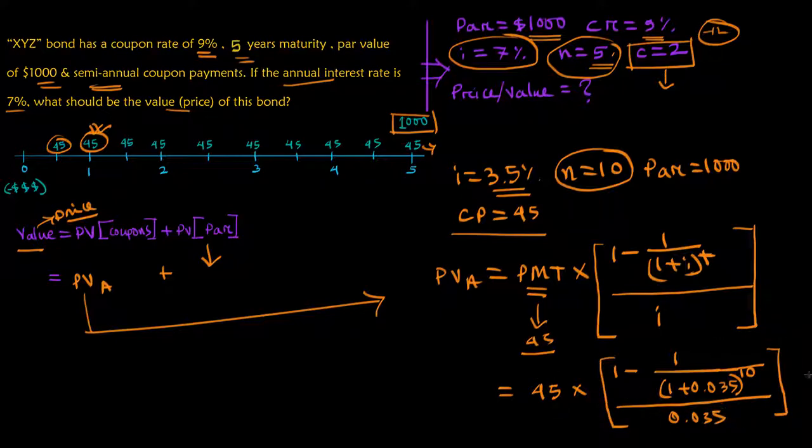Now if you solve this equation, the result you'll get is 374.25. Alright, so the present value of this annuity is this. So let's put it here, 374.25.